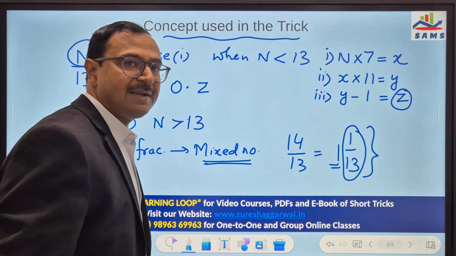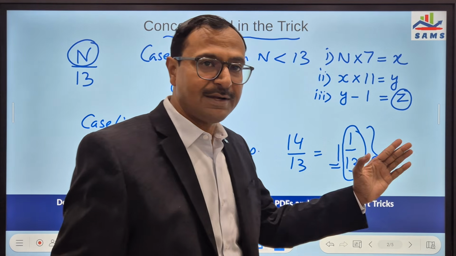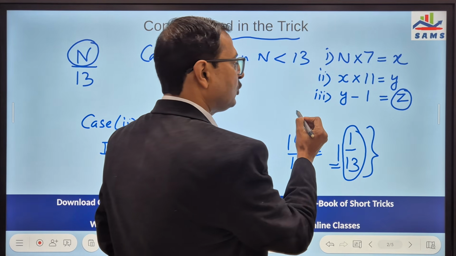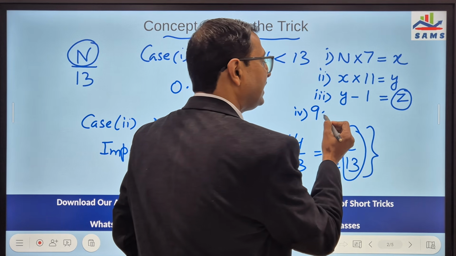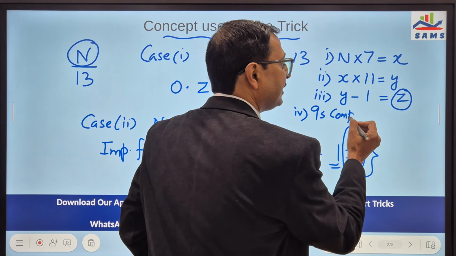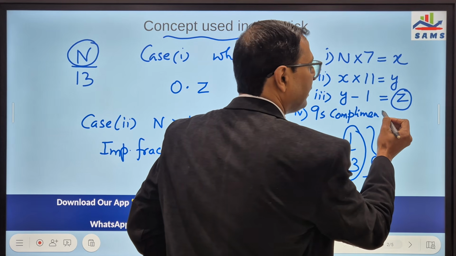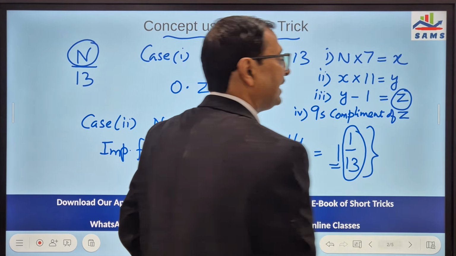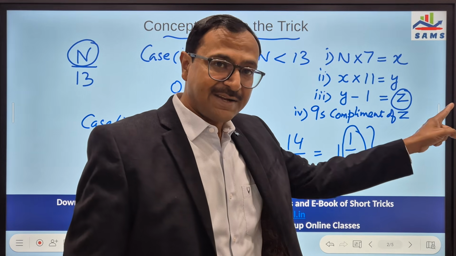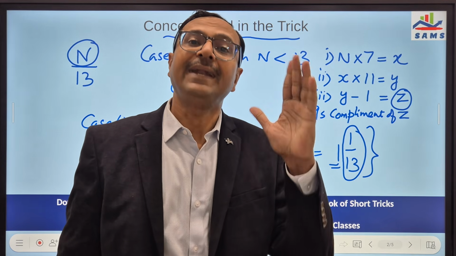Here you will have z, and after taking z, you will be taking the fourth step, the 9's complement. Now this is important, 9's complement of z. That means all digits of z will be subtracted from 9.